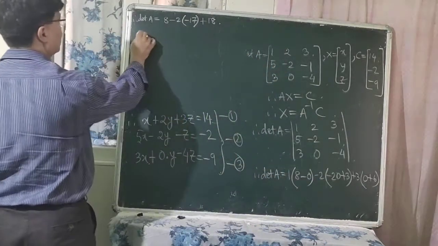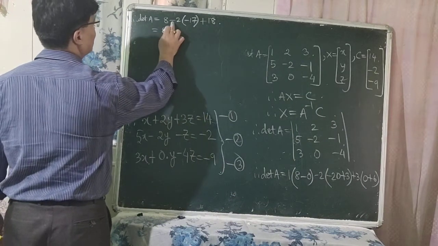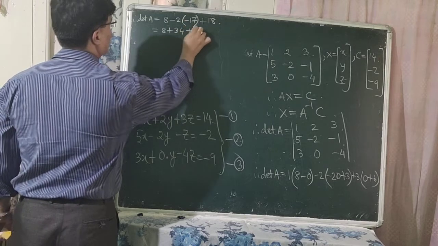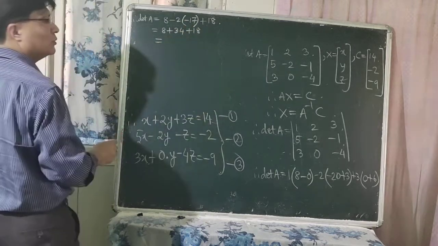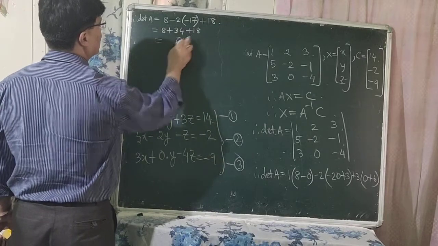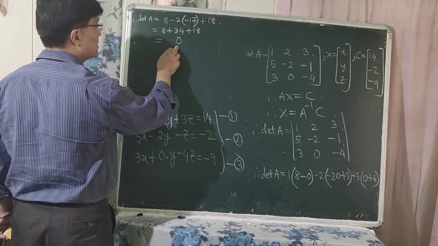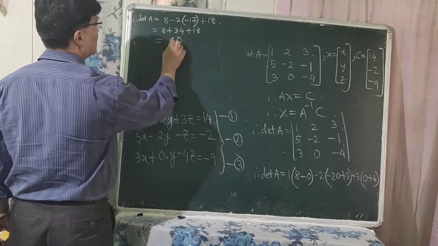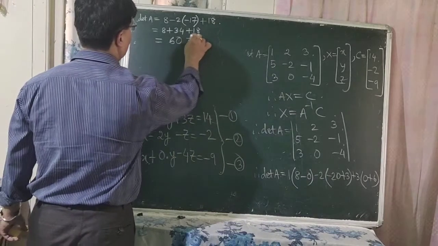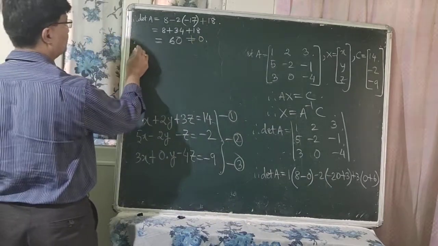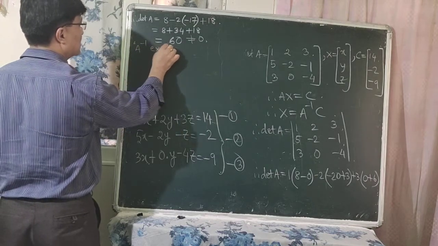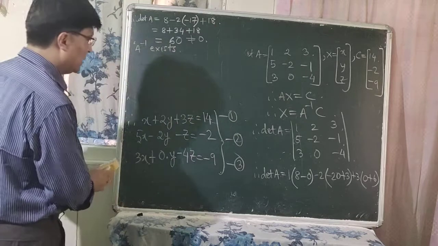So it is equal to 8 minus 2 into minus 17, 2 seventeens are 34, plus 18, which is equal to, how much is it now? 8 plus 4 is 12, plus 8 is 20, 2 remains, 3 plus 2 is 5, plus 1 is 6. That is 60, which is not equal to 0. So what can you write here? A inverse exists.